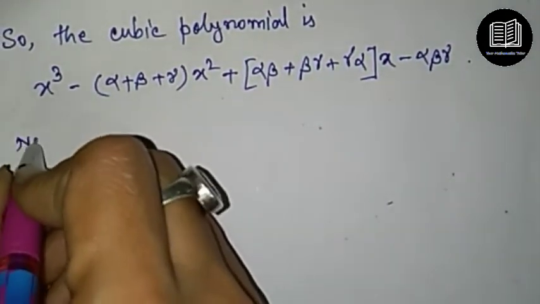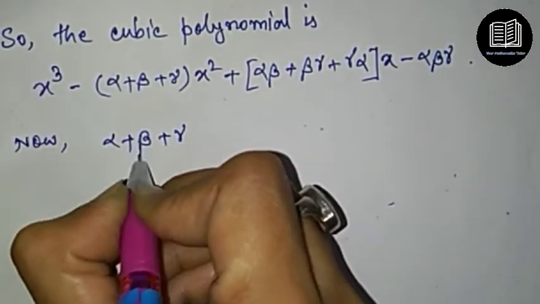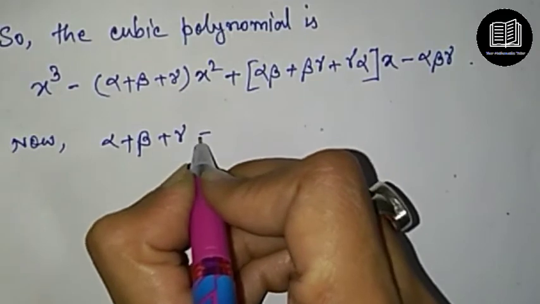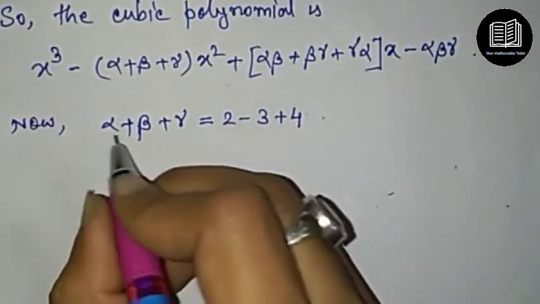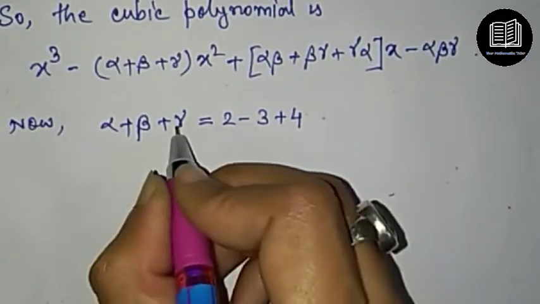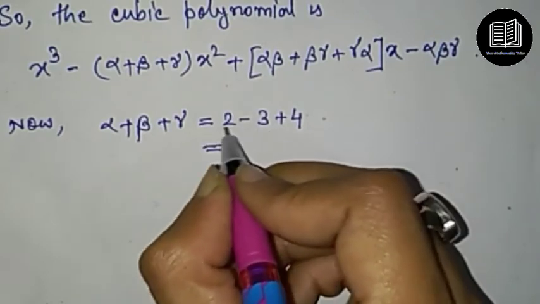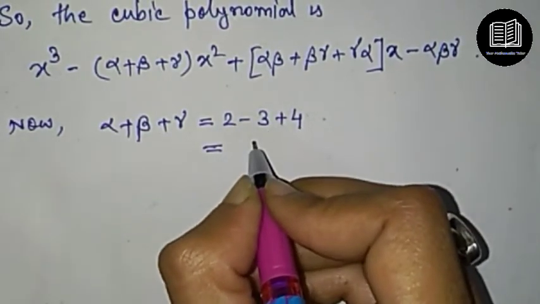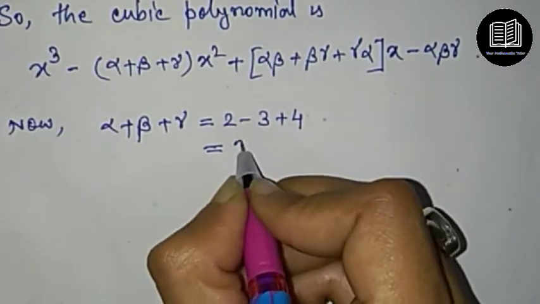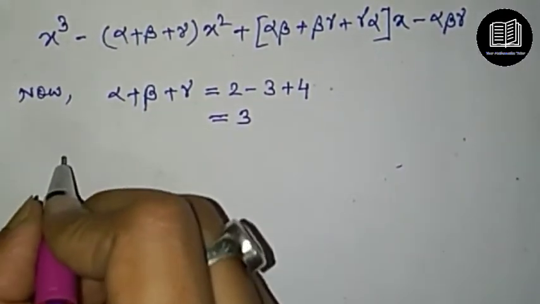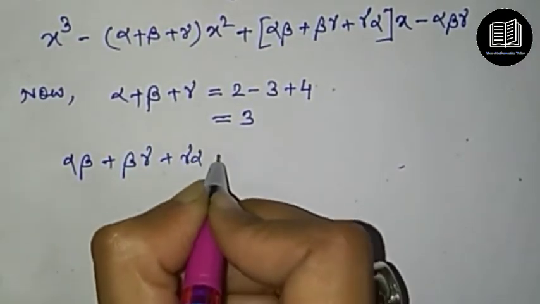Right. Now alpha plus beta plus gamma. Let us find the sum of the zeros, that is 2 minus 3 plus 4. Right, because alpha is 2, beta is -3 and gamma is +4. So adding and subtracting this, we get 2 minus 3, that is -1, plus 4, that is 3. And alpha beta plus beta gamma plus gamma alpha.